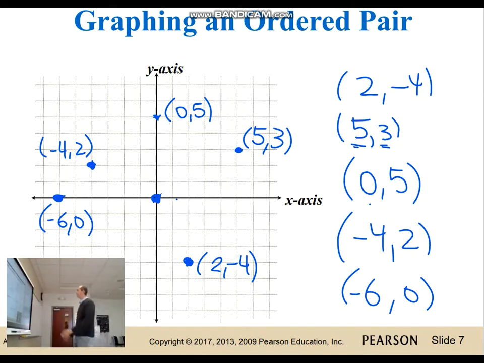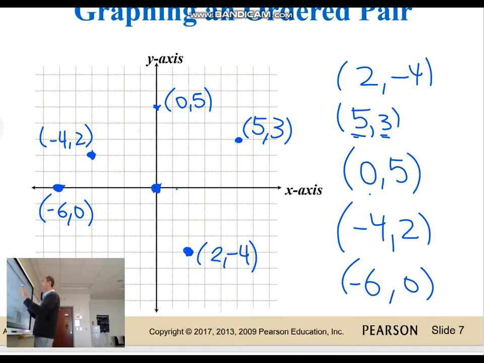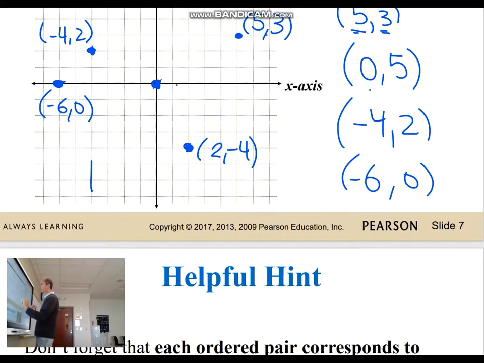Another thing that you need to know about the rectangular coordinate system is that it's divided into quadrants. This is quadrant 1, quadrant 2, quadrant 3, quadrant 4, right?